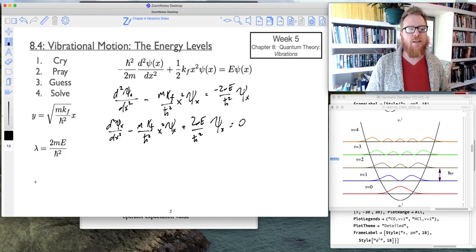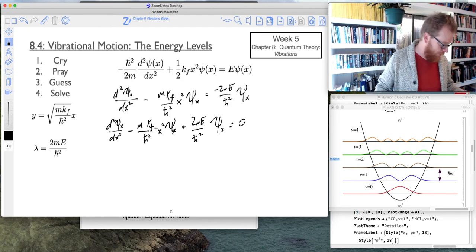And you're also going to see a bit of convenience, where we're going to call y equal to the square root of m times kf over h bar squared times x, okay? And so the reason why we're going to do that is because you notice that I got these constants right here, mkf over h bar squared times x squared, right? So if we use this simple notation, then I can replace all of this with just y squared.